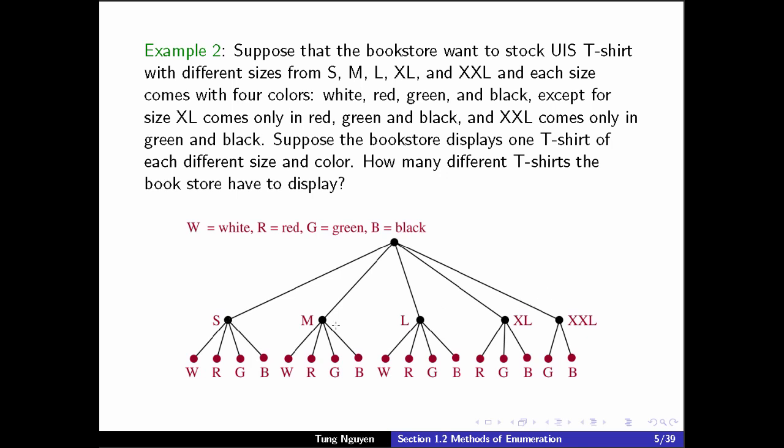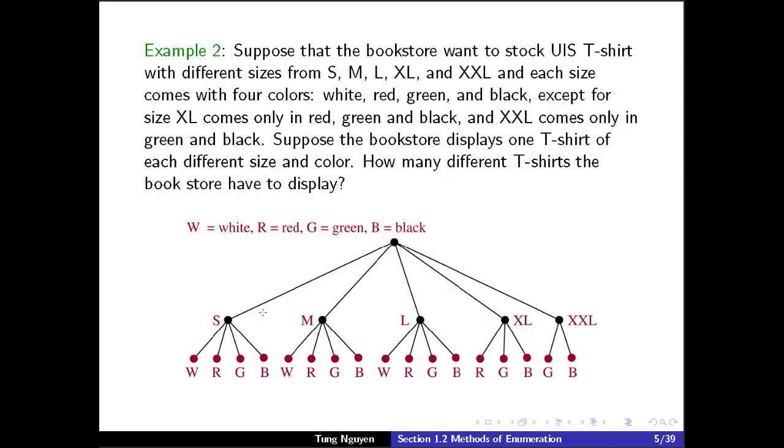And from each of these endpoints, we have other branches coming out representing the colors of the t-shirts. For sizes small, medium, and large, each of them has 4 branches coming out because they all come in 4 different colors. While the XL has only 3 branches coming out, and the XXL has only 2 branches coming out.